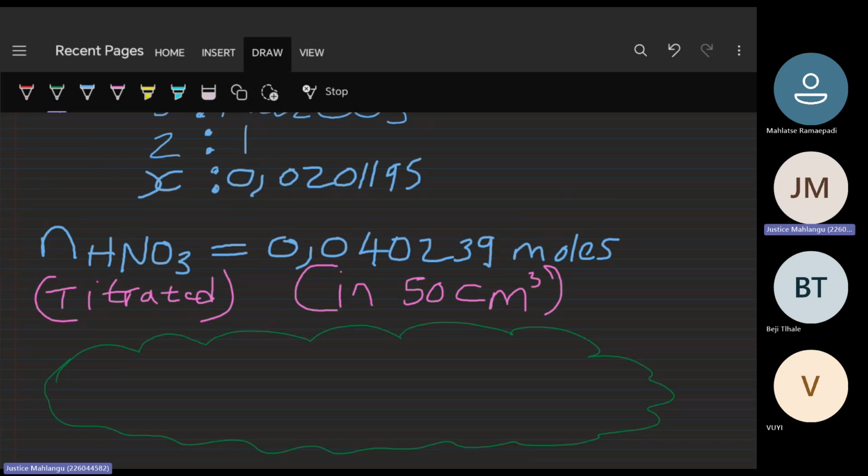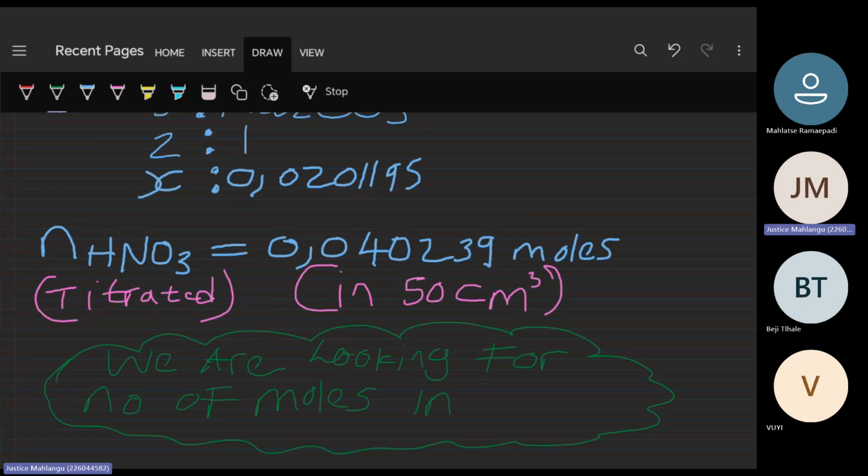We are looking for the number of moles. This is important information.